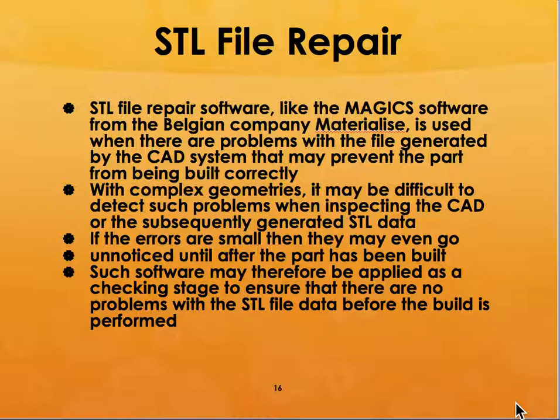So sometimes, just to make sure, especially if your part is a functional part, you take the slice data and you repair it by putting it through a software called Magics. This is from a Belgian company called Materialise. And the interesting thing is that there are still not too many people making this kind of software. It will tell you that there are problems with the file generated by the CAD system, which will prevent the part from being built correctly. Especially with complex geometries, this is more important.